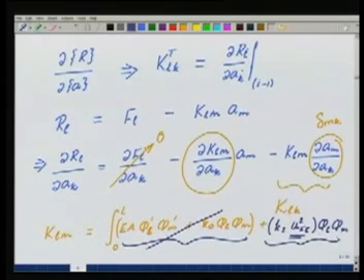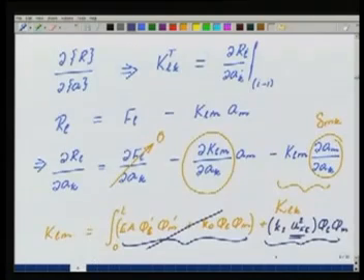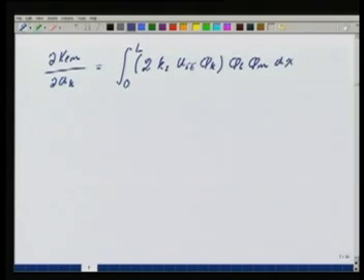For the second part, I will find the derivative of it with respect to A_K. So it will become the integral from 0 to L, from what we have done here, K_1 twice U_FE into the derivative of U_FE with respect to A_K. What is the derivative of U_FE with respect to A_K? It will be phi_K. Okay, so it will be twice K_1 U_FE into phi_K into phi_L phi_M dx.